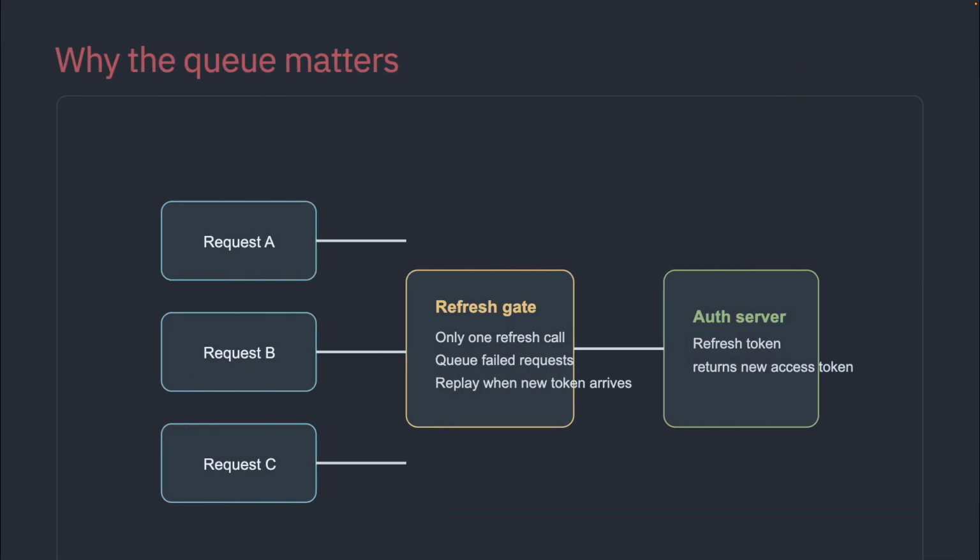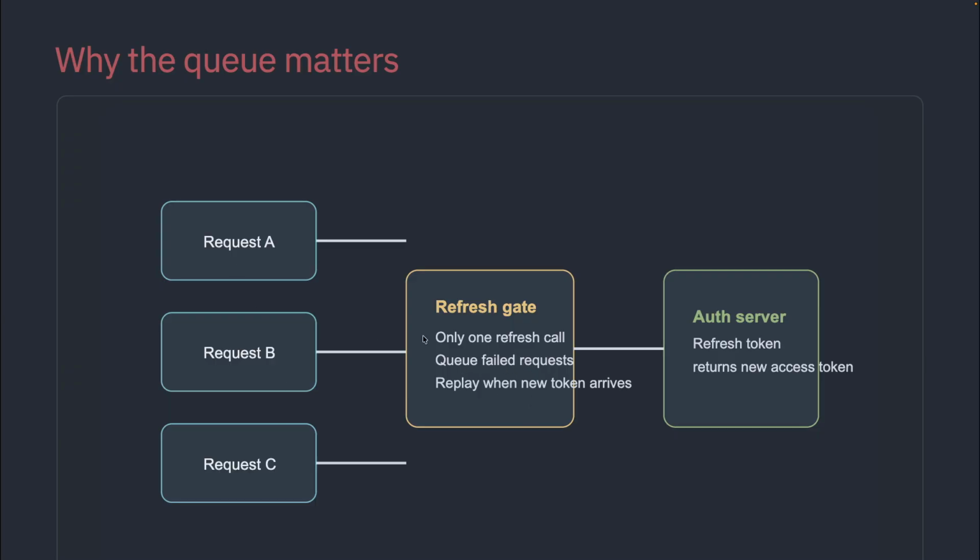So why does the queue matter? Well, we need to be careful not to be refreshing the same calls over and over. Let's say that we have three calls, only one is going to refresh and replay when the new token arrives.